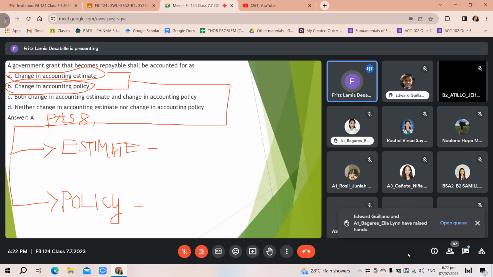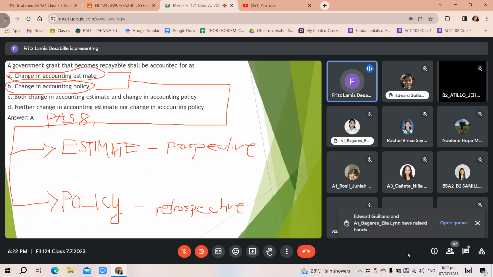Muna siyang title sa PAS 8. So change in accounting estimate, guys, the effect of a change in accounting estimate is what we call prospective, and change in accounting policy is what we call retrospective. Okay.